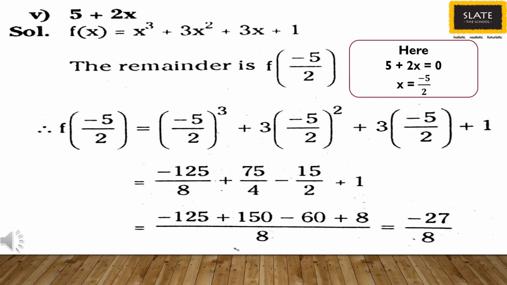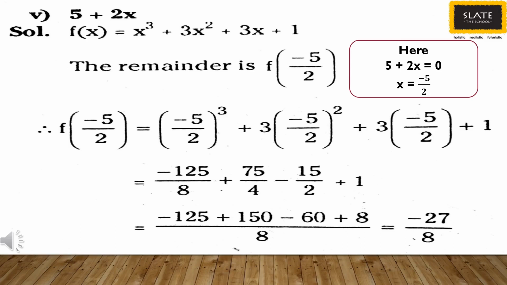f of minus 5 by 2 is equal to minus 5 by 2 whole cube plus 3 into minus 5 by 2 whole square plus 3 into minus 5 by 2 plus 1. Minus 5 by 2 whole cube is minus 125 by 8. Minus 5 by 2 whole square is 25 by 4 and 25 by 4 multiplied by 3 becomes 75 by 4. Plus 3 into minus 5 by 2 is minus 15 by 2 plus 1.